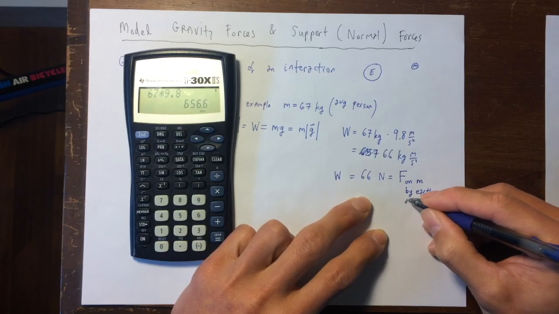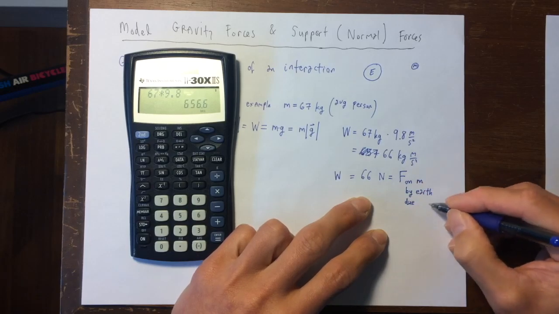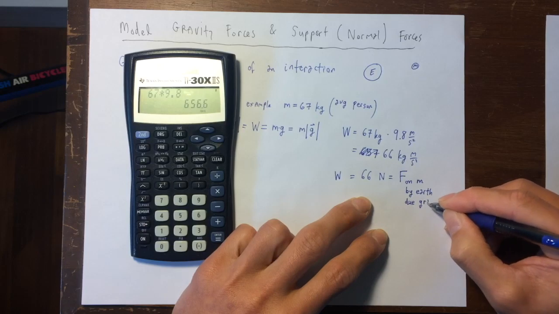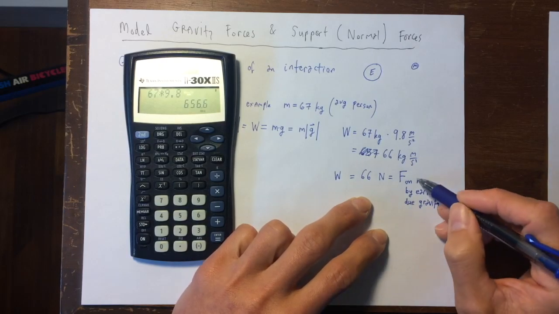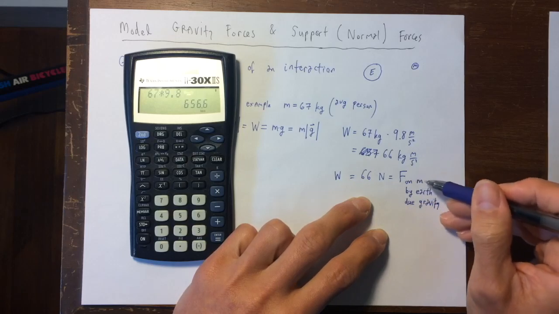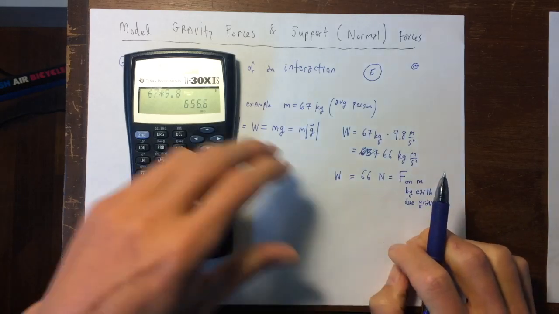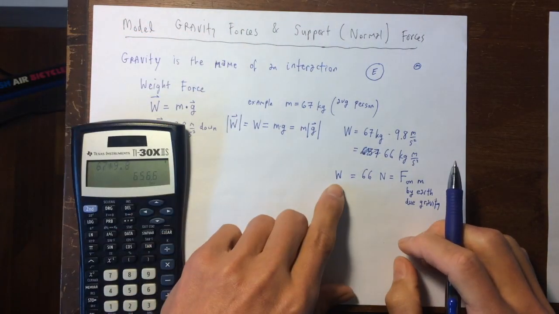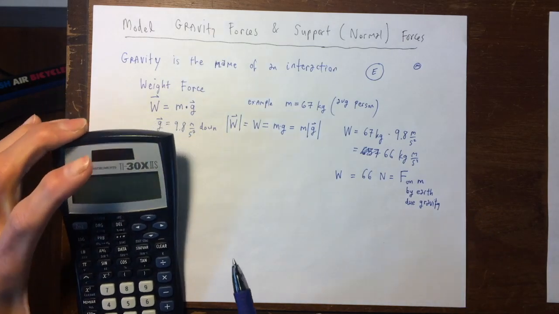And the reason that these two things can have this interaction is because gravity exists in the universe. So this is really pedantic, but this is the force acting on M by the Earth due to gravity. It's also known as the weight force acting on M.